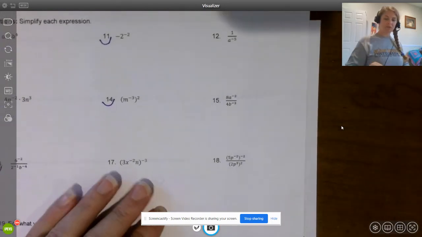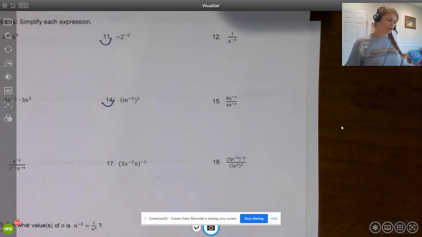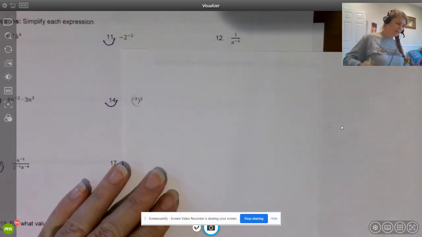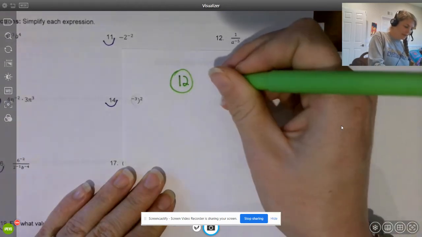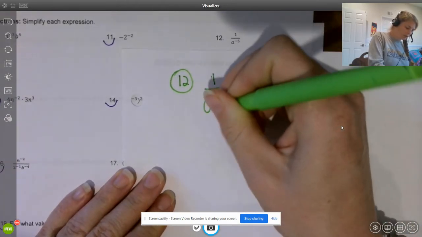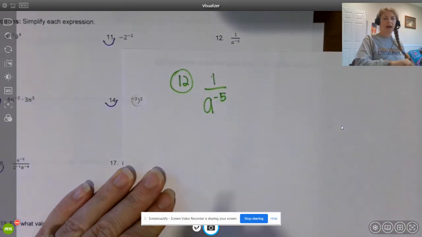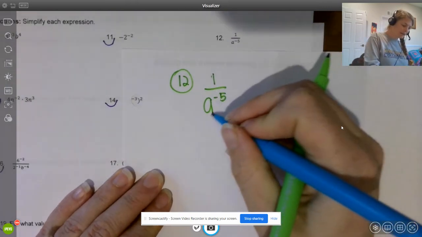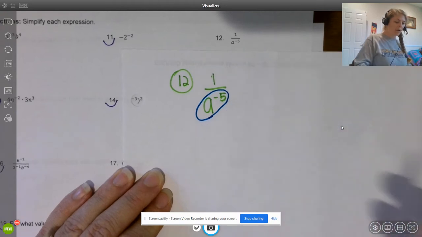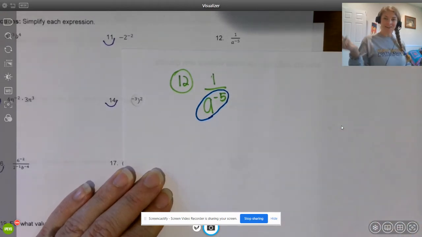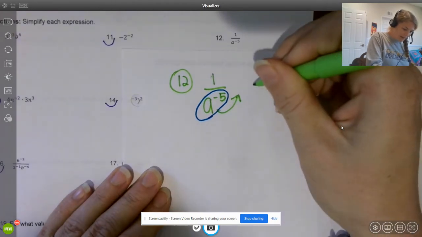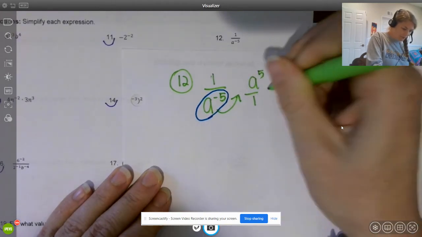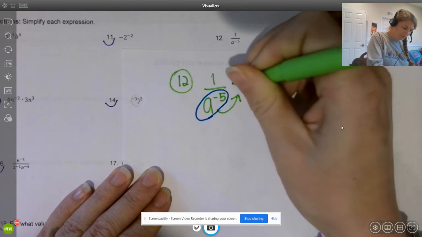And sometimes remember, if you run out of room to show your work, don't squish it up. That's how we make mistakes. You can always grab a separate piece of paper and rewrite the original problem. And then you can be like, oh my gosh, I have a negative exponent in my denominator. I'm going to take that whole power, bring it to my numerator, cross the line, change the sign. And that's how you get a to the 5th over 1, which is just a to the 5th power.